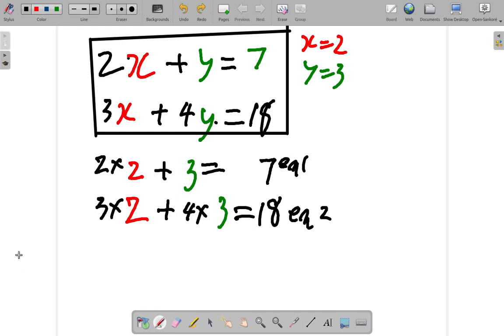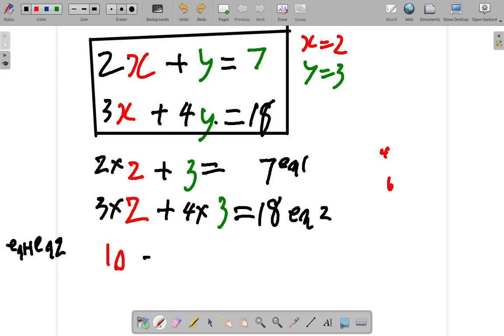Let us add equation 1 to equation 2. Let's see what will happen. Now, if we add these, in terms of the x's, what you would have is 2 2's are 4 plus 3 2's are 6. 4 plus 6 is 10.